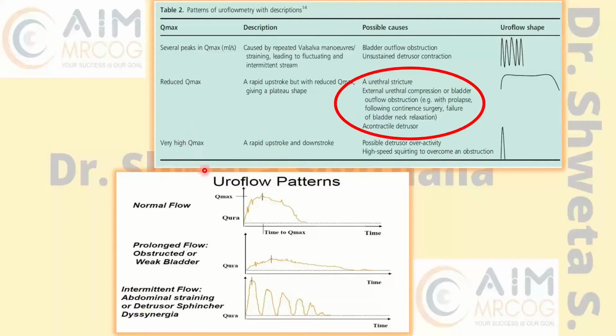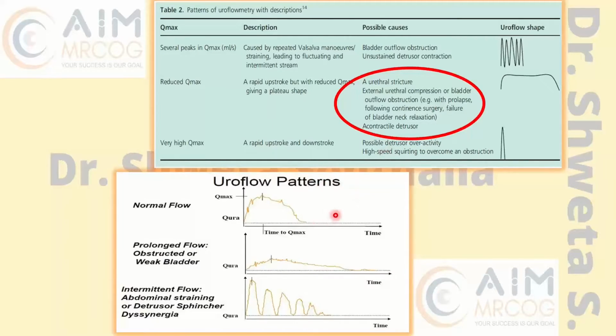Very high Qmax you will see, again, in cases of detrusor overactivity. If the detrusor is trying to overcome an obstruction, it will behave overactively and you will get a very peaked Qmax, which is above normal. The normal is up to 36. So if you get more than 36, that means the detrusor is overactive.